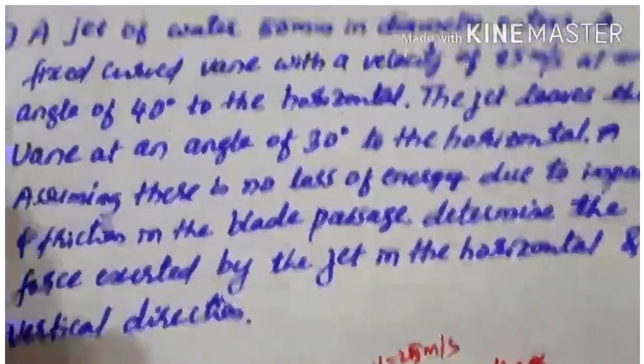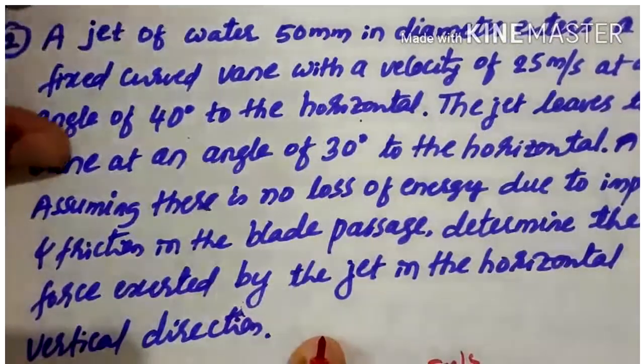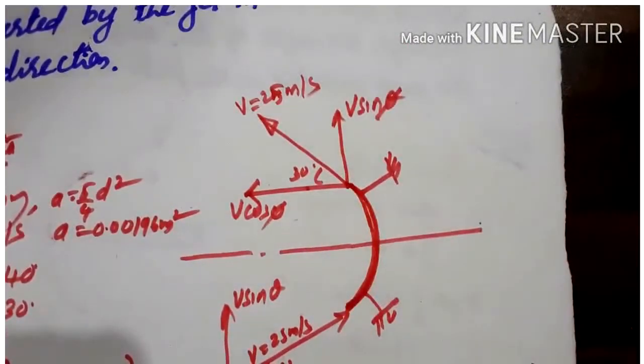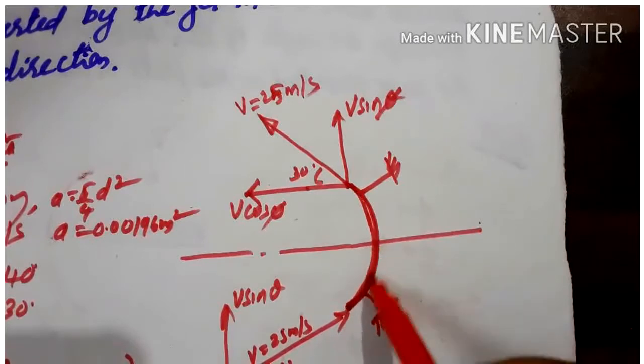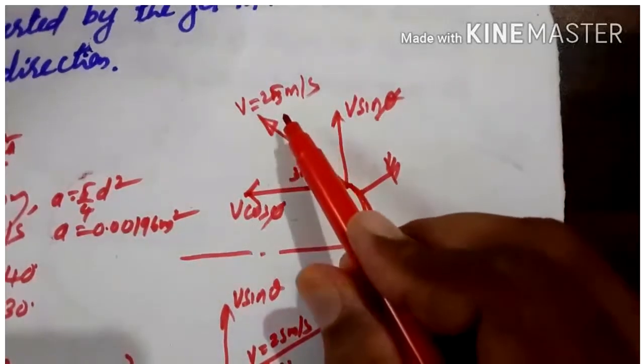So you have to understand which case is being given. In this problem it is the unsymmetrical case, because the jet is entering with some angle and leaving with some other angle, and the velocity is given, and they have said there is no friction due to impact of the jet in the blade passage. This means whatever velocity with which the jet is entering, the same velocity it will be leaving.